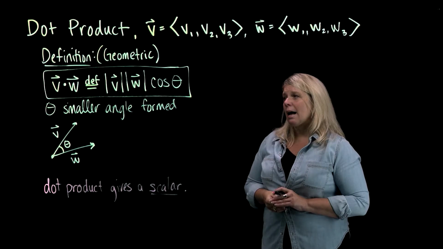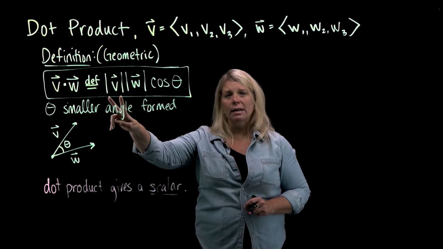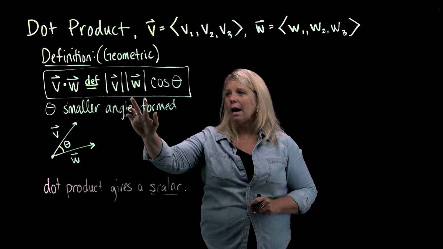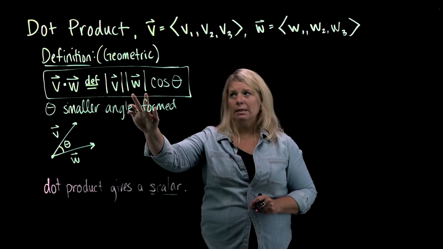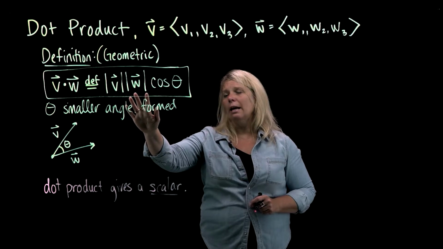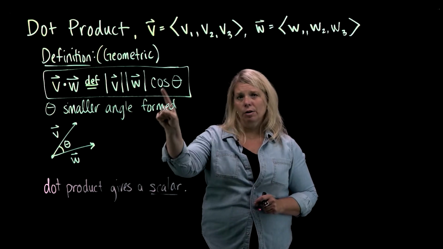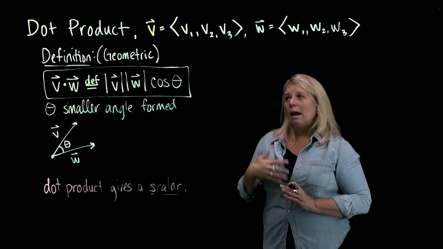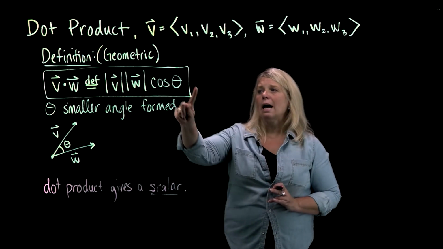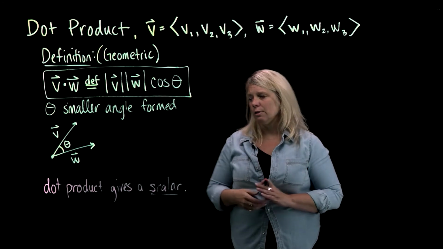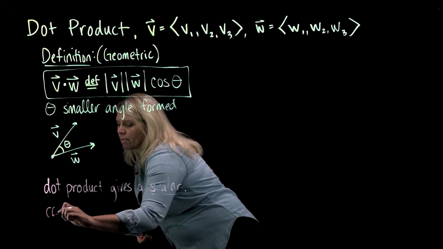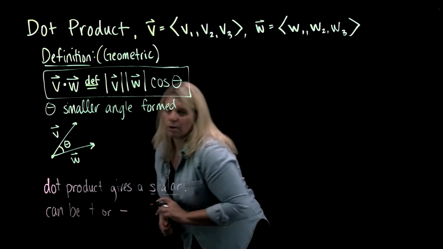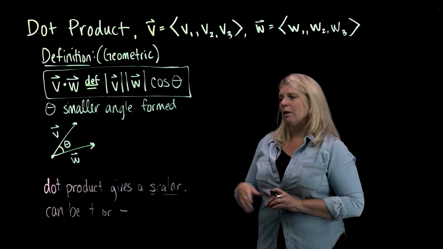The other thing about that is the magnitude of the vector v is always going to be 0 or bigger. That's the length of that vector v. The magnitude of the vector w is always going to be 0 or larger. That can't be negative. But the cosine could be negative. So the dot product could be positive or negative. And whether it's positive or negative really has to do with this angle between the two vectors here. So it can be positive or negative depending on the angle.